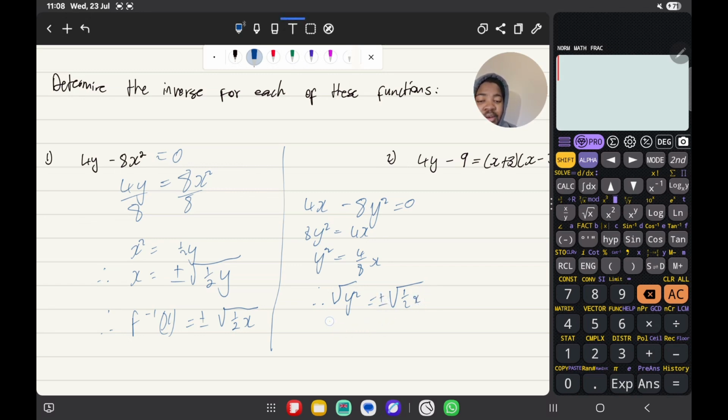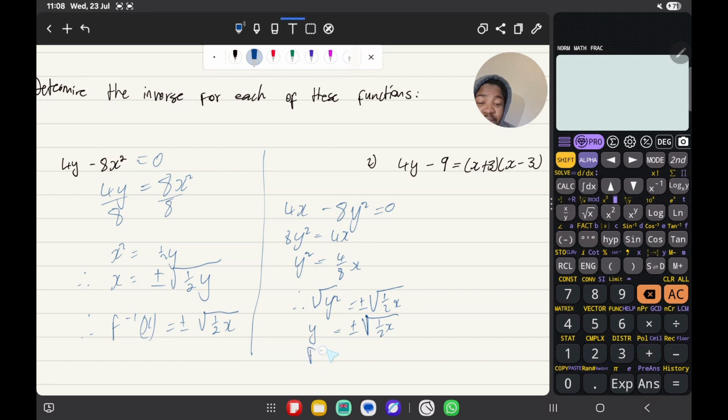So then you have y being plus or minus the square root of 1 over 2x, which is exactly what we have. Cool. So yeah, that is it.